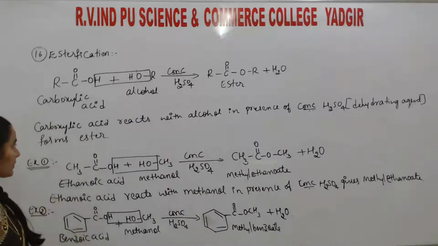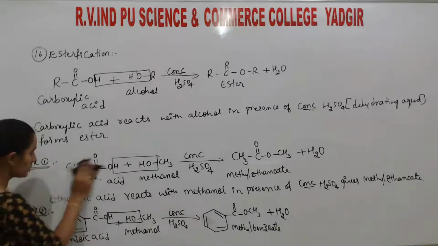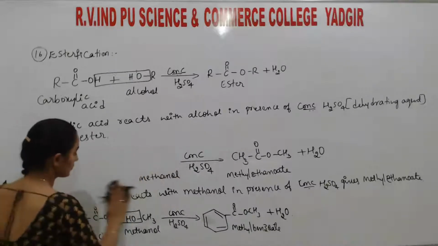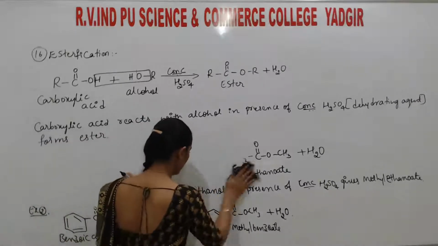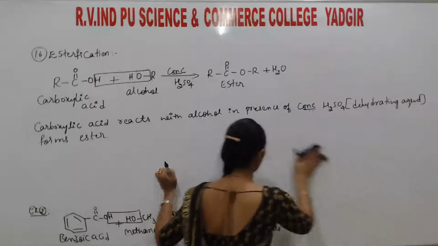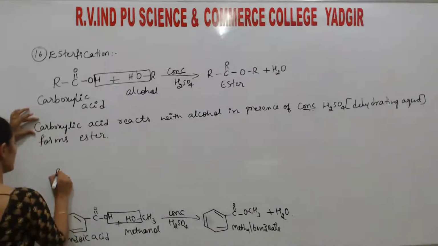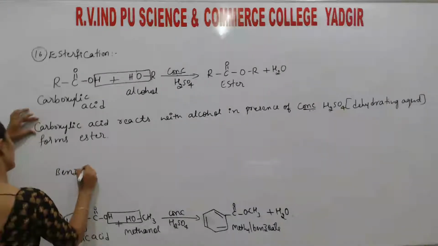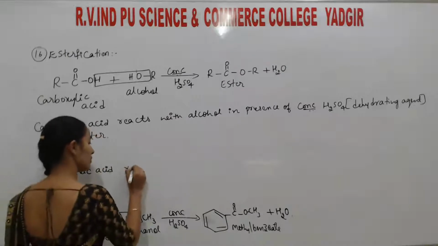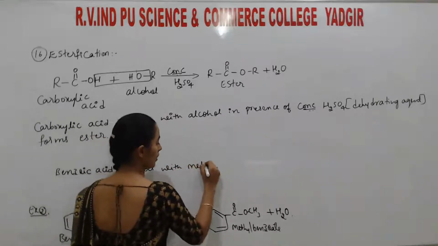How can I write the explanation here? I will write the explanation just above. Follow this: in the place of carboxylic acid, take benzoic acid. In the place of alcohol, methanol.